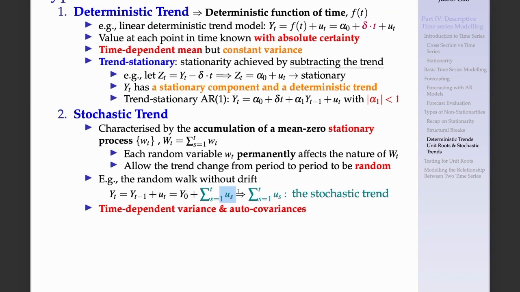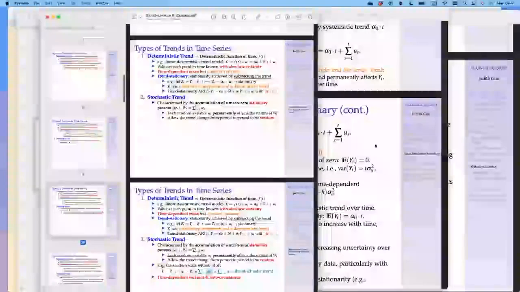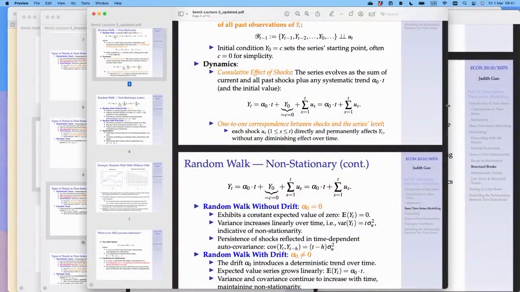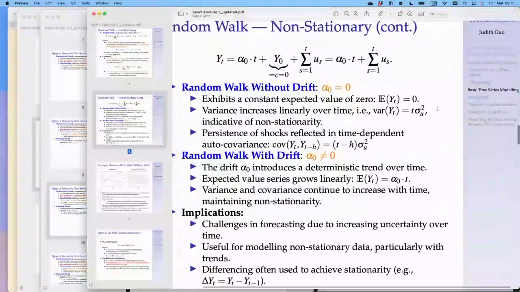And we've already seen that this model has a time-dependent variance and also a time-dependent autocovariance. Remember back in lecture 3, where we talked about the random walks, okay? We found that the variance is equal to t times sigma squared u. So the variance directly depends on the time index t.